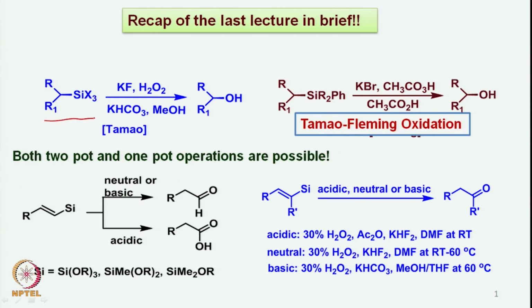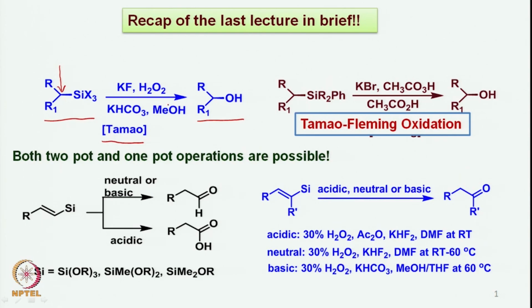If you have a chiral silicon bonded compound such as this here as shown, and if this is treated under Tamao condition, then we get the corresponding alcohol. That means the carbon silicon bond is broken and carbon hydroxy bond is formed, and this condition is what we discussed last time in detail.